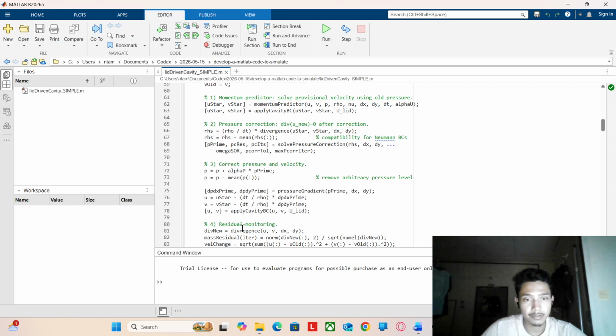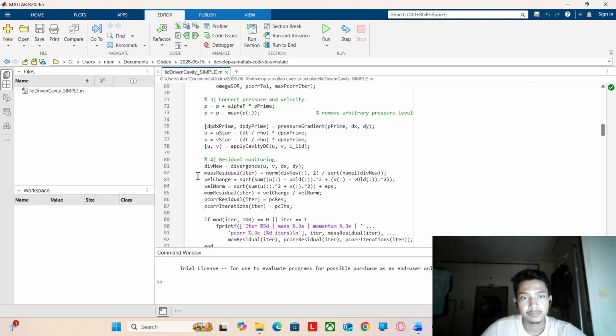Now residual monitoring. Div nu equal to divergence U, V, dx, dy. Mass residual iter measures continuity error. Mass residual iter equal to norm div nu, 2 by square root num 1 div nu. Vel change equal to square root sum of u minus u old to the power 2 plus v minus v old to the power 2.